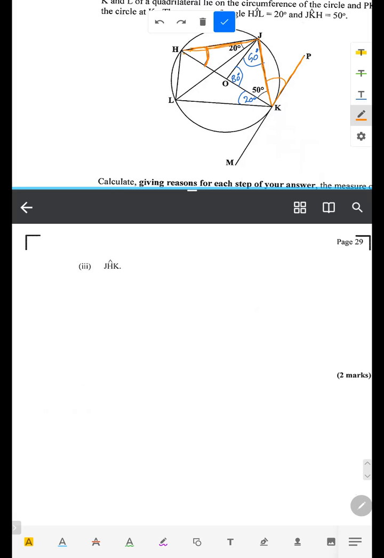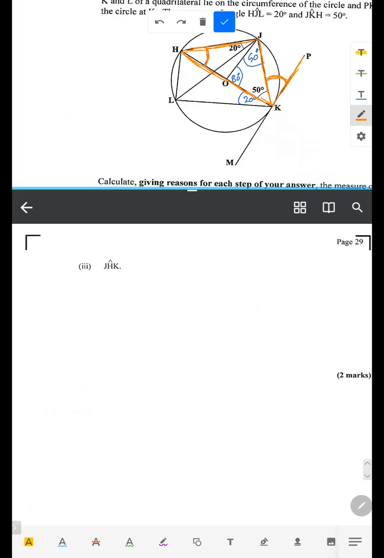So the tangent and chord rule says those two angles are equal. Now, what is this angle out here equal to?